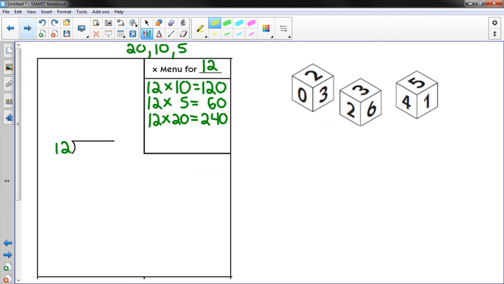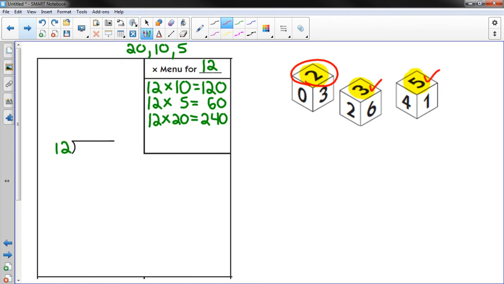Alright, so let's say I rolled a 2, 3, and 5, and my divisor's 12. I know that 12 might have a chance of going into a 3-digit number that ends with the number 2, because I know 12 is not going to go into a 3-digit number that ends in 3 in the ones place, or a 5 in the ones place.